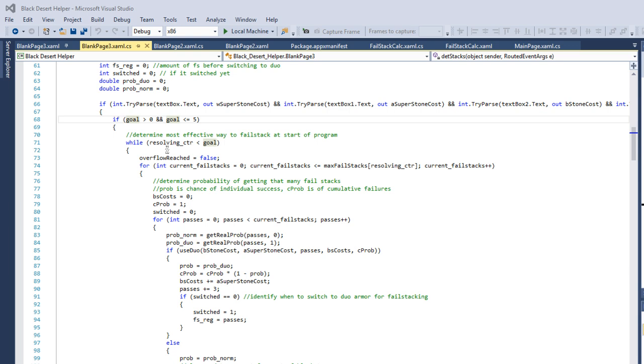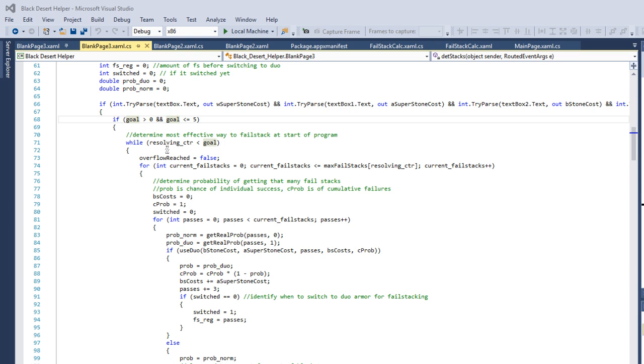In some cases, for example, if you want to know how much it costs to get tri, you have to consider the cost of getting duo, because if you fail tri, it goes back down to pry plus 16, and then you have to get back to duo, and that costs money. So you kind of have to consider the cost of what it takes to get back to where you were if you fail, and that's a part of it.